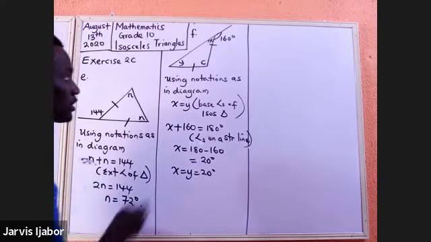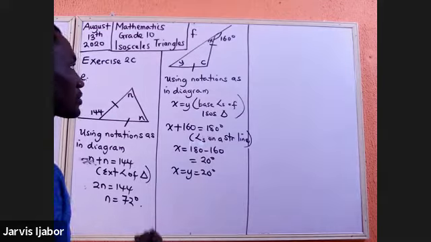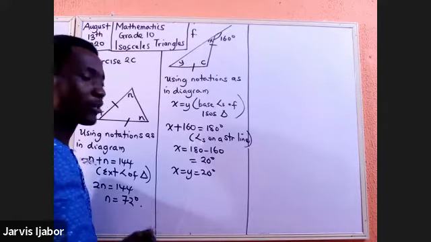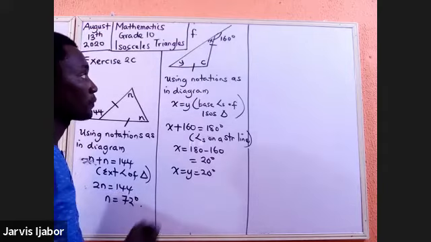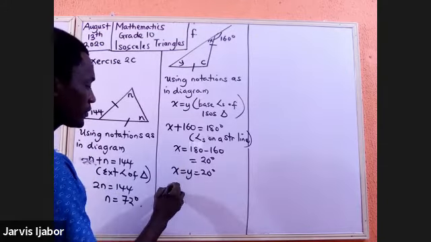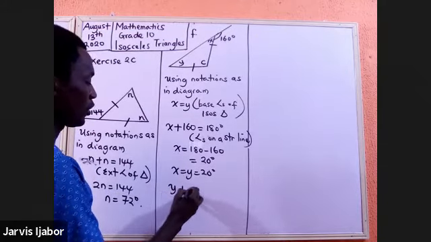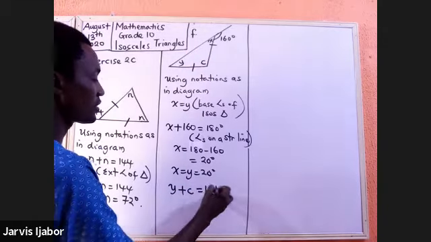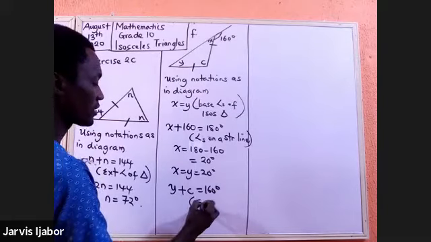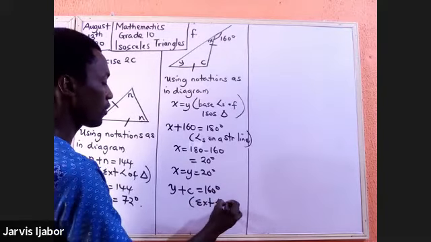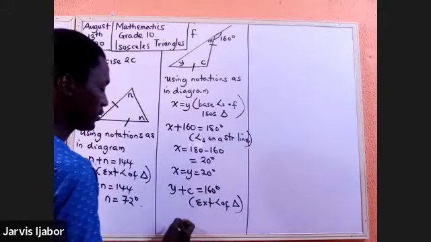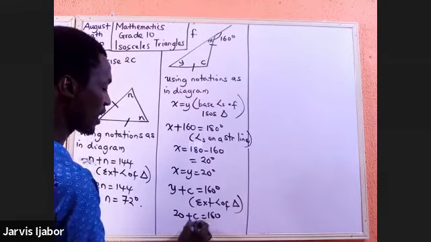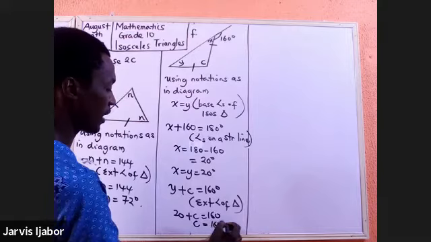So to get C now, there are two options. I can add everything and equate it to 180, but I choose not to do that because there's an idea they are testing. It means that Y plus C will be equal to 160 degrees. What's the reason? Exterior angle of triangle. So 20 plus C will be equal to 160, and C will be equal to 160 minus 20.